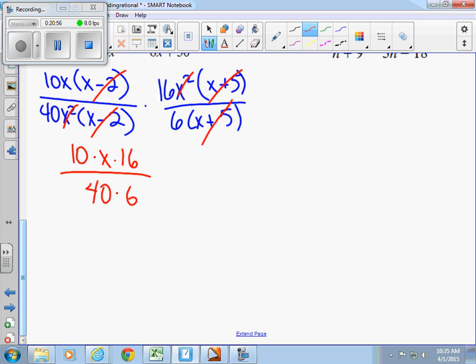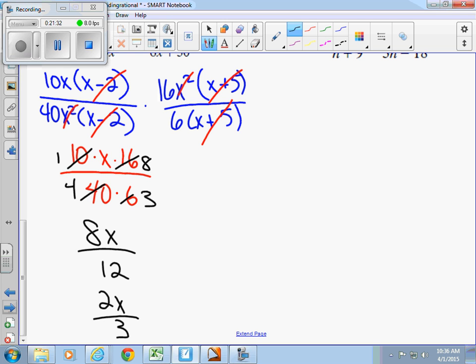What about 10 40ths? 1 over 4, right? 16 over 6. Now I'd probably go another step here. I've got 8x over 12, which reduces again, doesn't it?